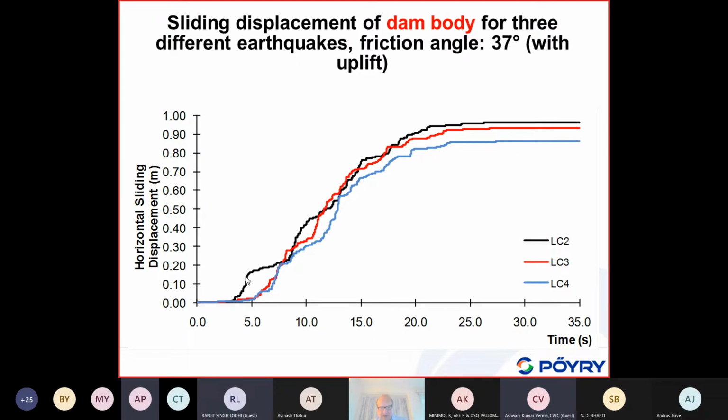And since the water pressure is acting permanently, we have a movement occurring only in one direction. So it is a kind of progressive movement, and it typically gives curves as shown here for gravity dams.